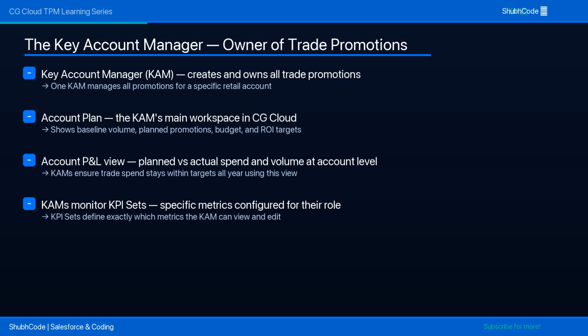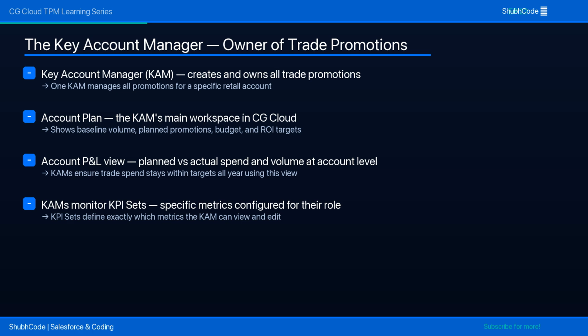So who actually creates and manages promotions in CG Cloud? That's the key account manager, or KAM. The KAM owns the relationship with a specific retail account. Think of a large consumer goods company. Their KAM for Walmart is responsible for every promotion Walmart gets in a given year. The KAM works inside Salesforce using the account plan as their main workspace.